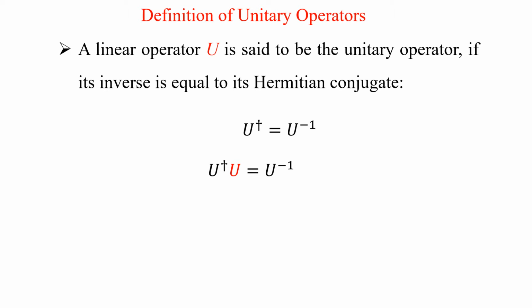So U dagger U will become U inverse U, which is equal to 1, the unit operator. In a similar manner, if you multiply the above expression by U on the left hand side, U dagger will become U inverse, which is equal to 1. This is the definition of the unitary operator.